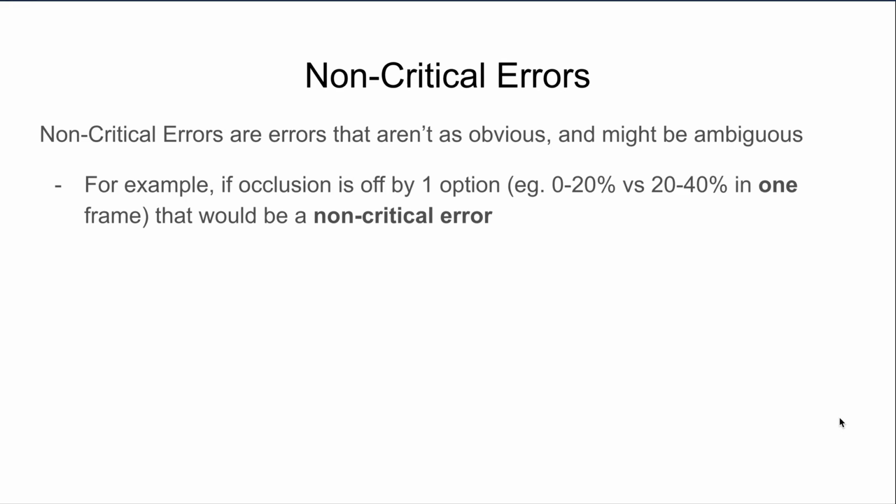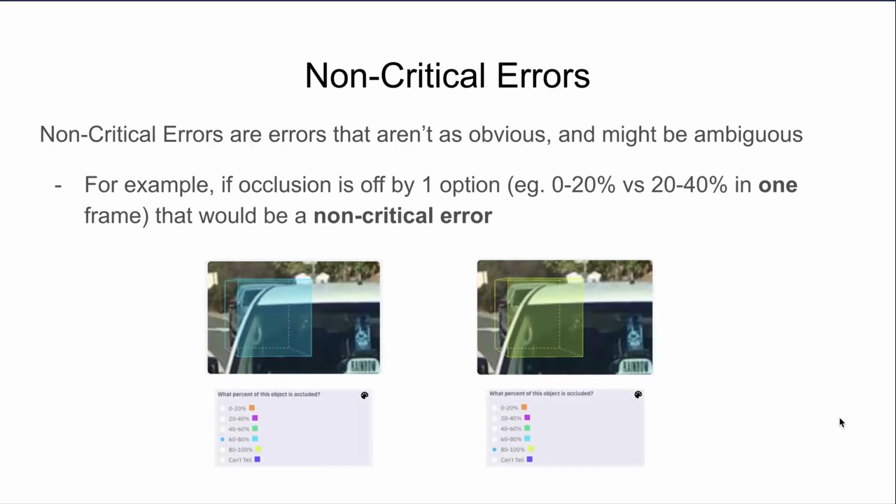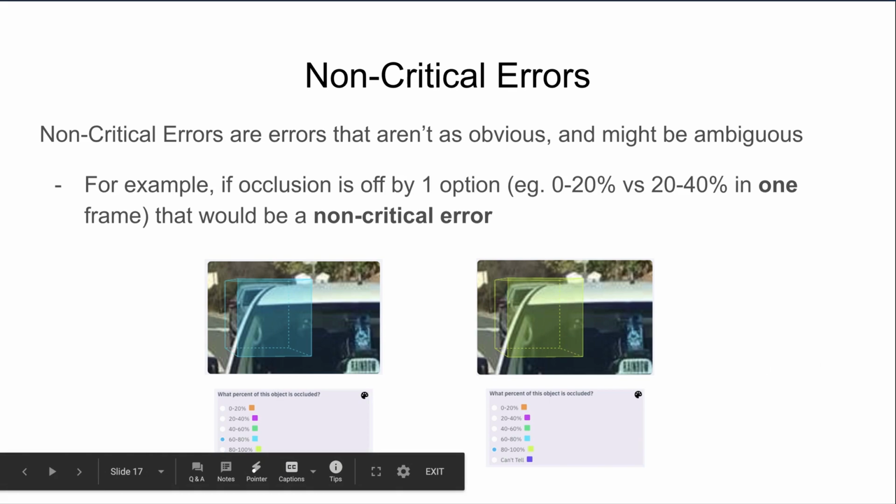A non-critical error is an error that isn't as obvious and might be a bit ambiguous. For example, if occlusion is off by one option, like 0 to 20% versus 20 to 40%, that is considered a non-critical error. So that's the same example where it was a critical mistake if set to 0 to 20% in this instance.